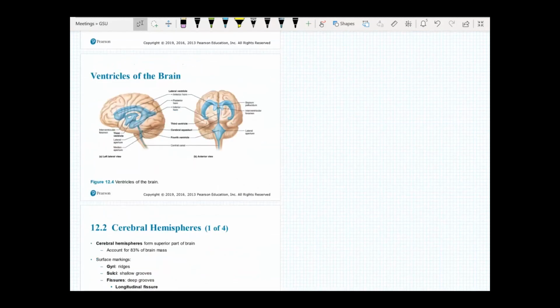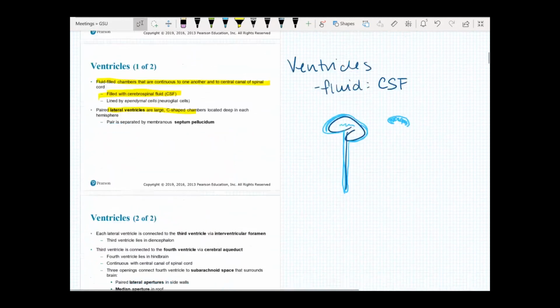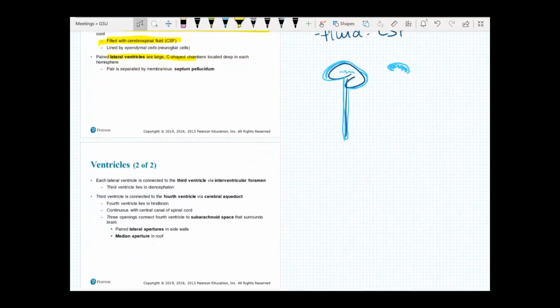So this is that C-shape right here where you can see that. If you're looking at it from the back, or the front, you'll notice that that C shape continues here as well, and there is one in the right side and the left side. So that's where you're going to start with your fluid inside your brain. Those are called your lateral ventricles.